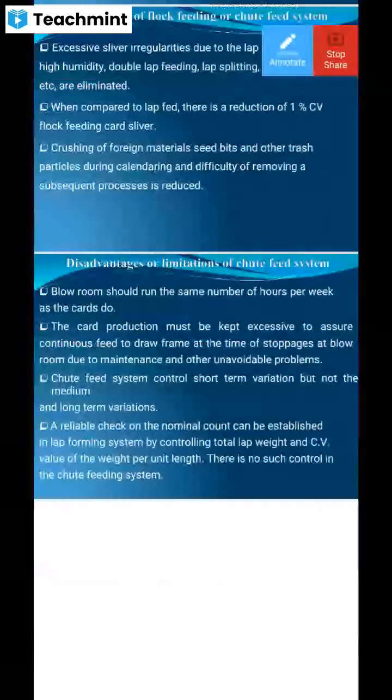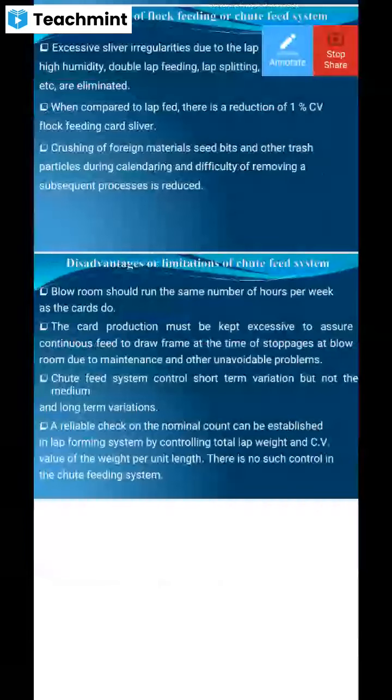We give a tolerance. That means 15 kg is the standard weight, 14.9 kg is the lower limit, and 15.1 kg is the upper limit. So plus or minus 100 grams we allow; plus or minus 120 or 150, we eliminate or reject the lap. This is applicable for lap delivery, the lap taken system.